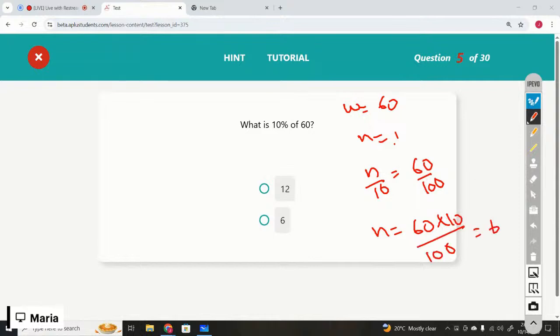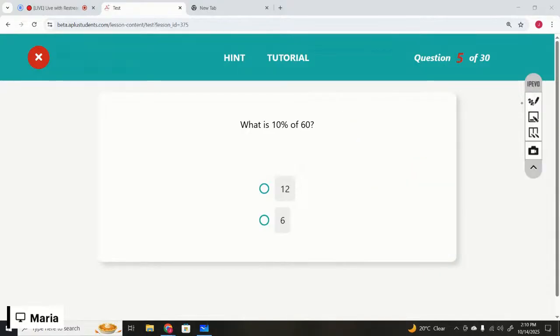That equals 6. Option number 2 is the correct option.